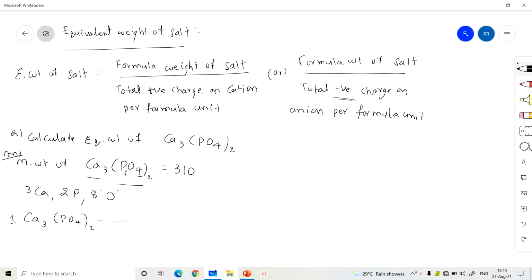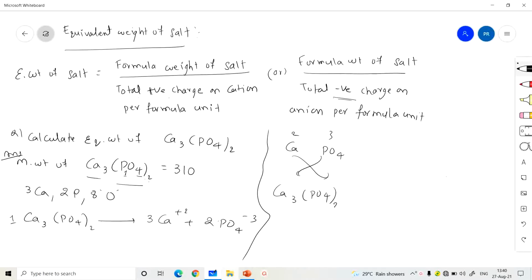One formula unit of calcium phosphate dissociates as 3 Ca2+ ions plus 2 PO4 3- ions. Already you have learnt in 10th standard, that is the crisscross method, isn't it? It's calcium 2, PO4 3. If you do this crisscross method, what you will get? Ca3(PO4)2. Is it clear?